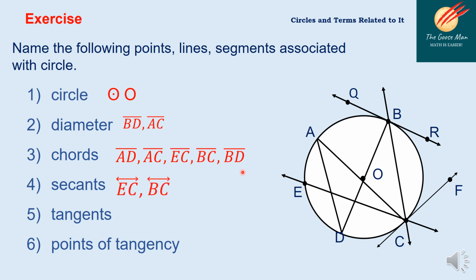So we have line EC and line BC. On tangents, we have line QR, then we have line FC.